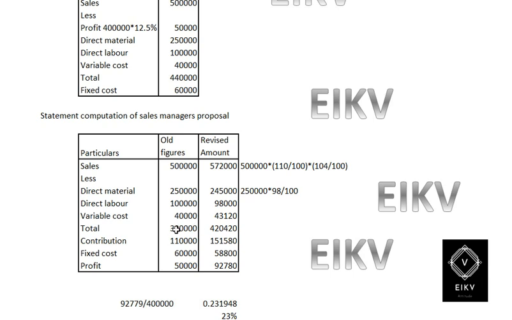Then we have the contribution of 1,51,580, less fixed cost, which will be reduced by 2%. That is 60,000 into 98 divided by 100, which will give an amount of profit of 92,280.